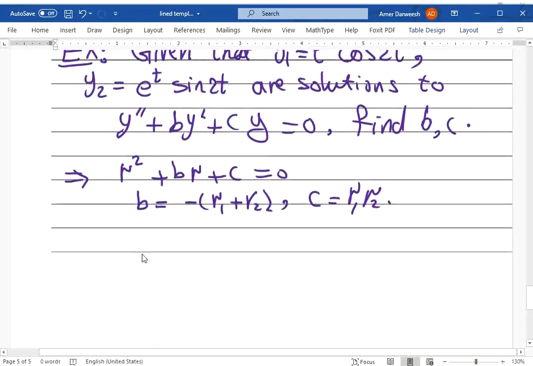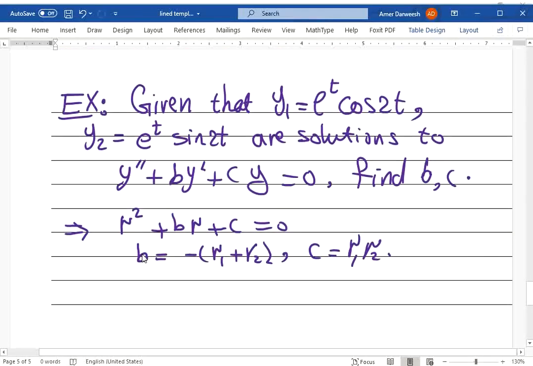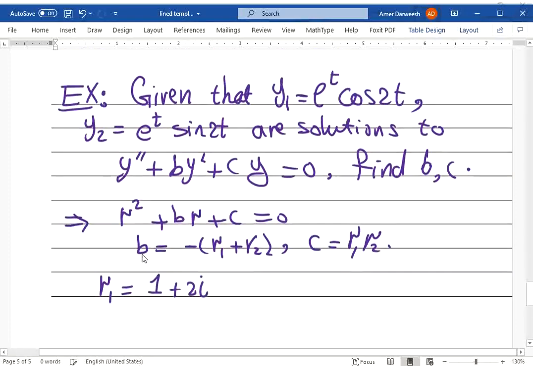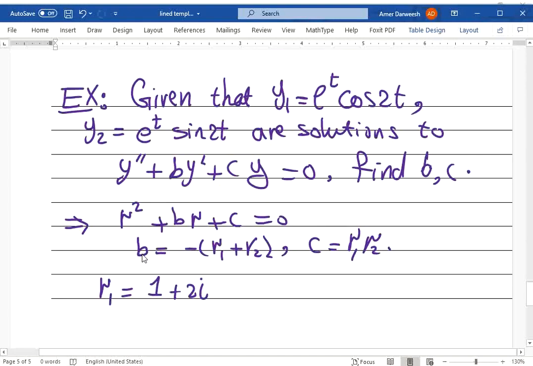either real or complex. In this case, because I have e to the t cosine 2t, e to the t sine 2t, the roots are complex, so I can guess the first root to be 1 plus 2i. 1 is the real part, which is the coefficient of t in the exponential, and 2 is the coefficient of t in the sine or cosine, and the conjugate other root is 1 minus 2i.